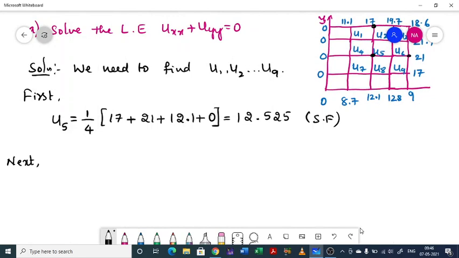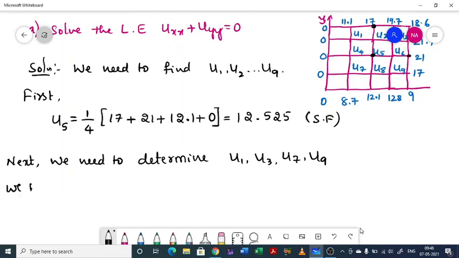Next I need to determine these diagonal values, right? u1, u7, u3, u9. These are the diagonal entries. For these we need to use the diagonal formula.